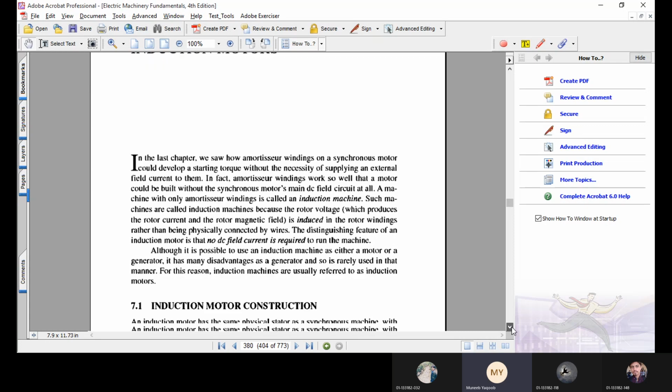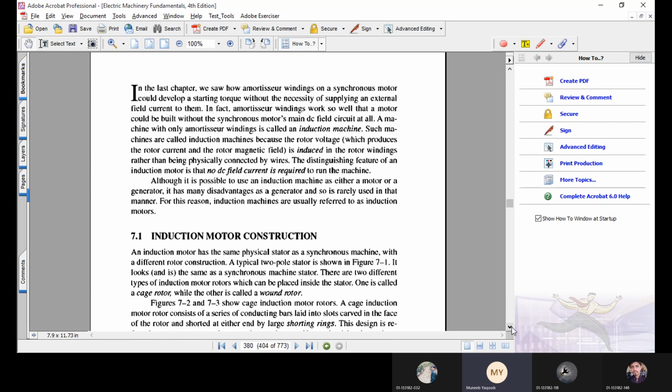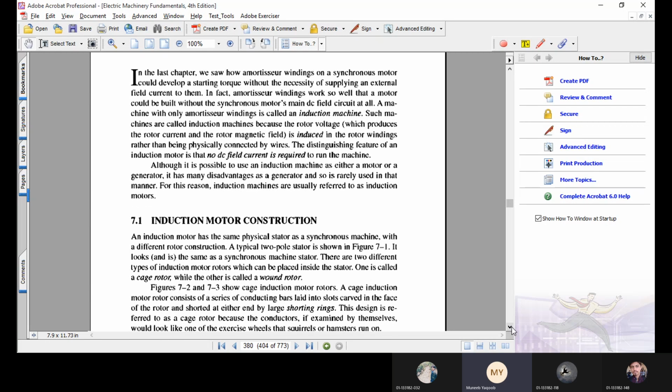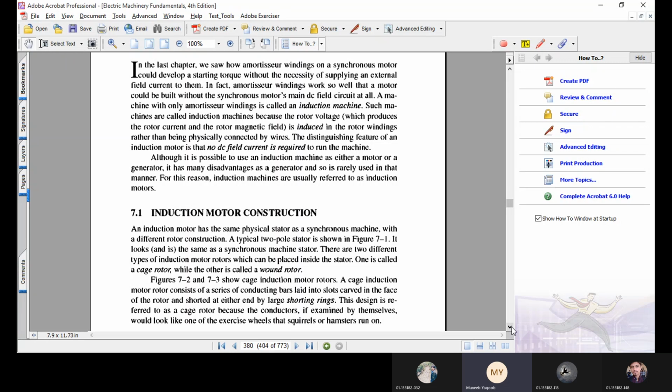Now coming to the construction of the induction motor. On the basis of construction, induction motors can be divided into two types. Number one, the squirrel cage induction motor, and number two, the wound rotor induction motor.